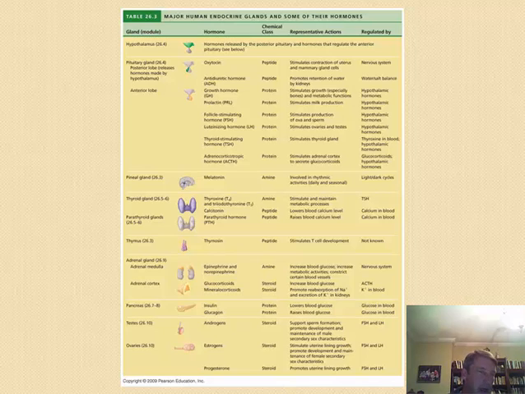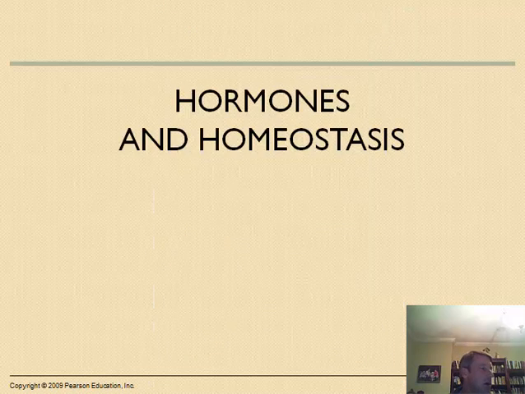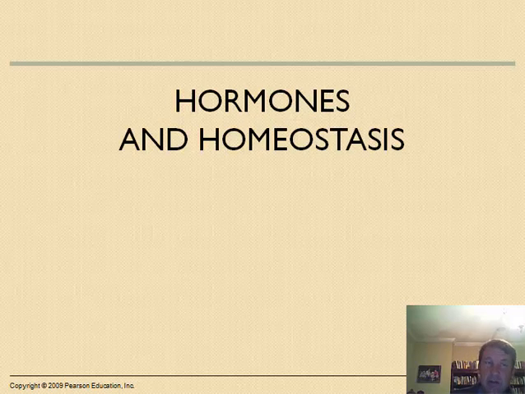The thyroid glands secrete a hormone called thyroxine, and that's referred to as T4, and then there's also another one, T3. Now, these hormones are involved in metabolism. That's the main function of the thyroid gland, and these hormones help to speed up metabolism.